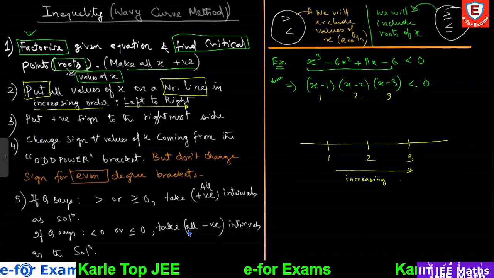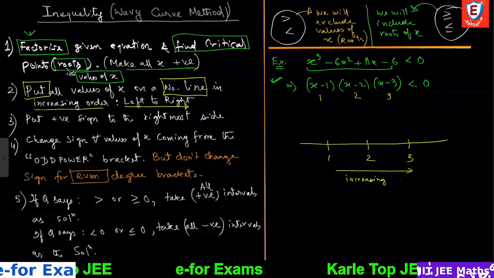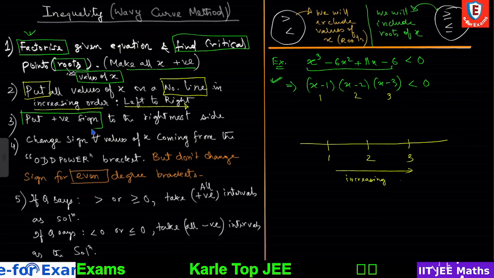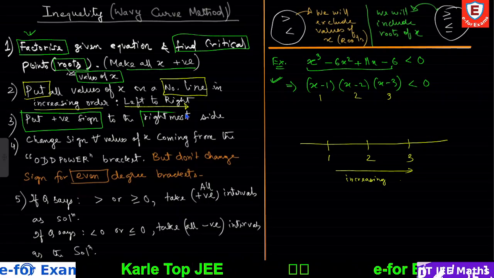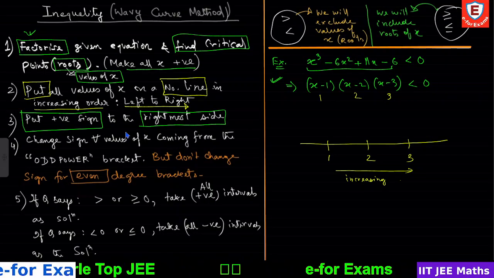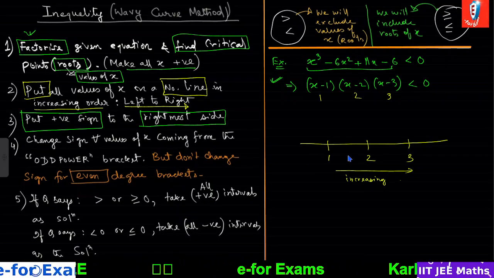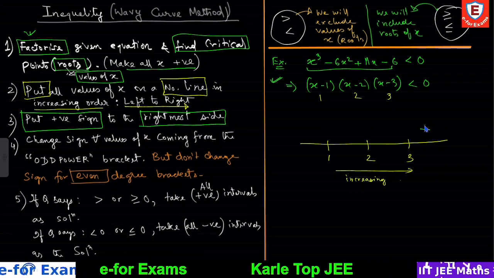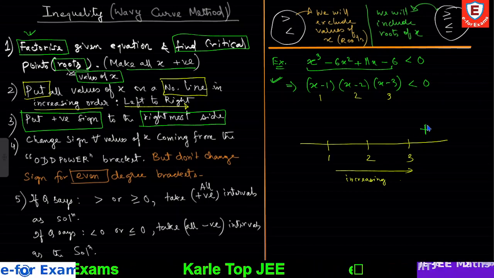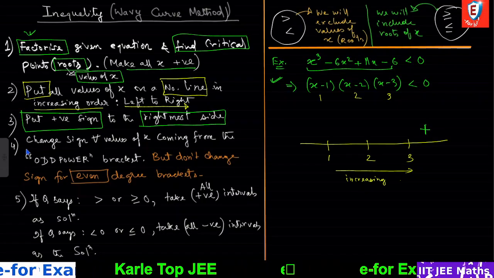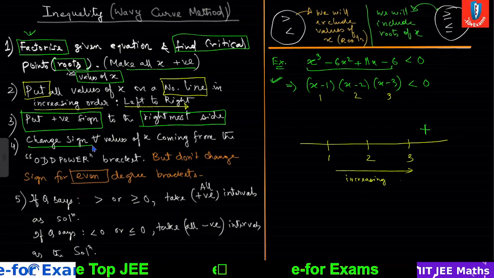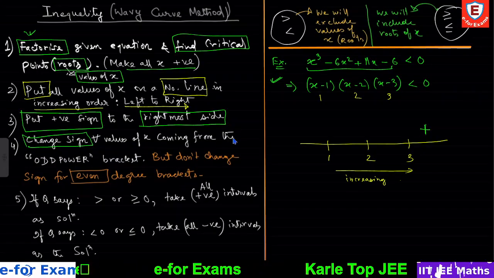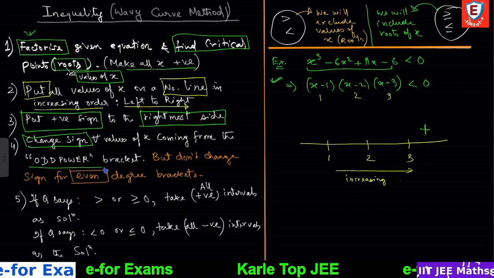Now, next point. Put a positive sign on the rightmost side. Which one is the rightmost side? This is the rightmost side, right? So it's asking to put a positive sign here, a plus sign. We have put this. Now change the sign for all values of x coming from an odd power bracket.